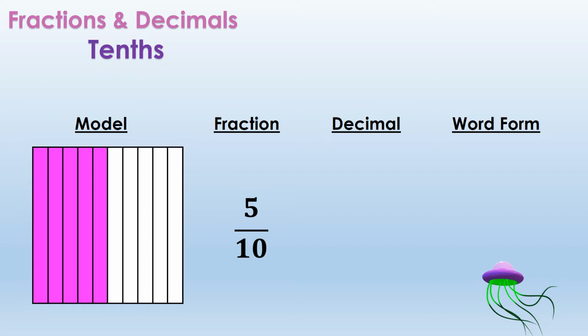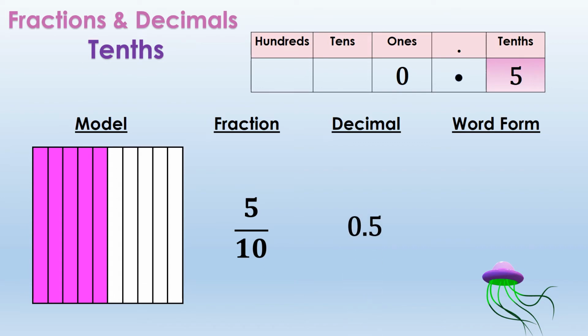Am I going to have anything in my ones place value? No, I'm not going to have anything in my ones place value. Just because I see a 5 as my numerator does not mean it's going to be in my ones place. I don't have 5 groups of 1. I only have part of a whole. So I'm going to put my 5 in my tenths place value.